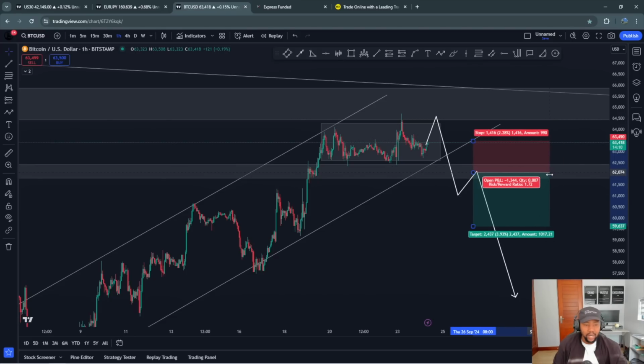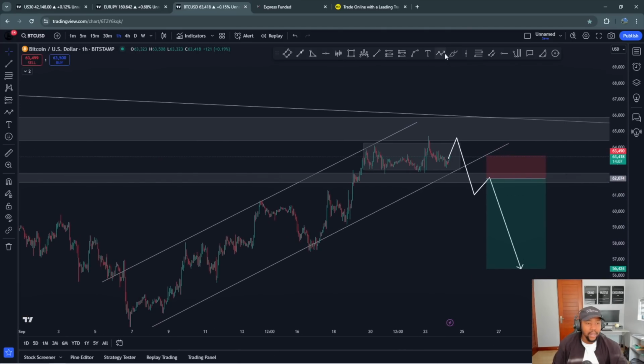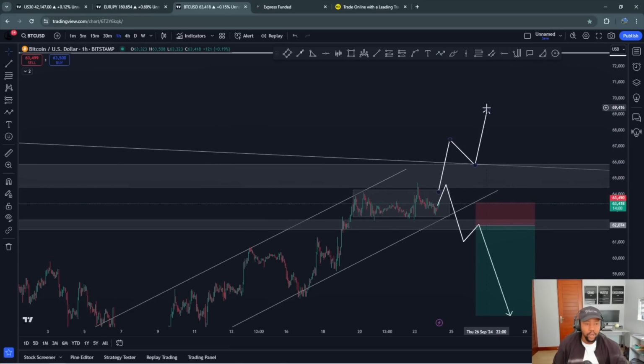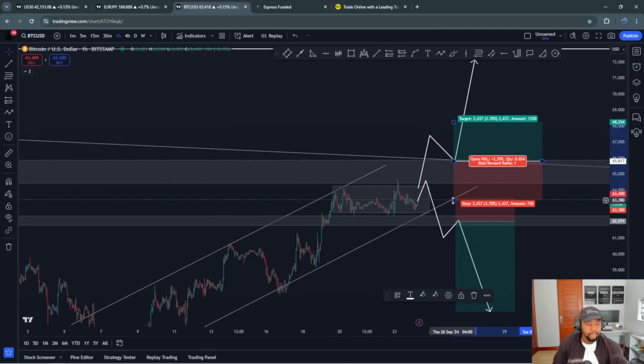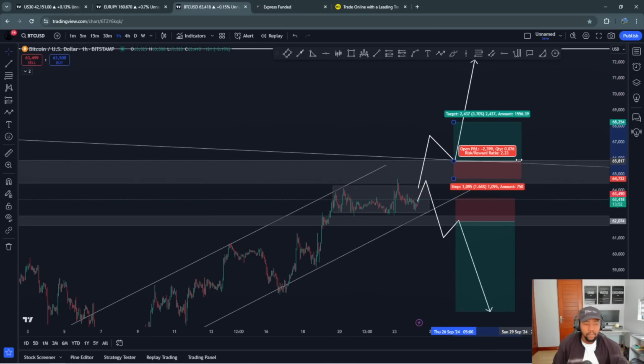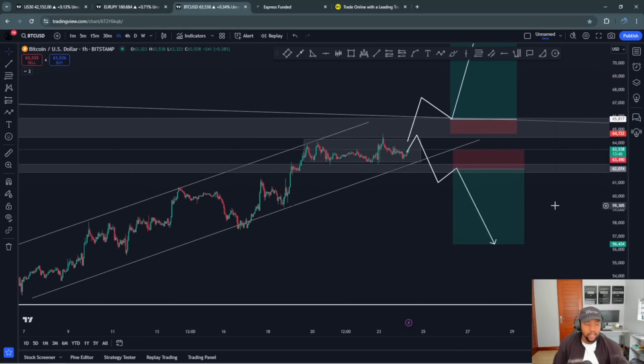And also, if the market has enough momentum to break above and give us a retest, we are having clean buys all the way towards the upside over here. So this is where we are, guys, a probability and a possibility.